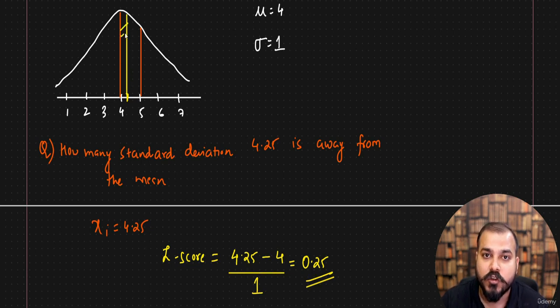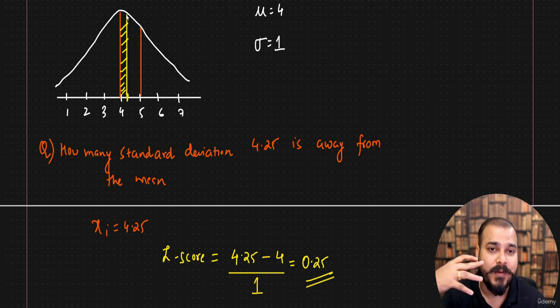Something like this. So this is the area that you will probably be getting. In a future video, we'll also understand how to calculate this area. There is a generic table given, the Z table, where you can find the area under the curve, like how much area is present between 4 and 4.25. This kind of area we can also understand and find out.